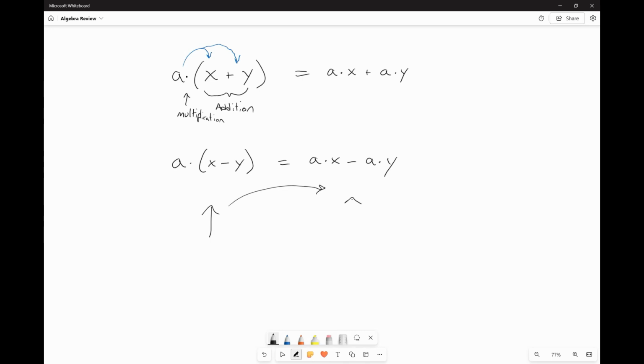Alternatively, sometimes we'll have something that looks like this, and we'll want to, quote, pull the a out. So it can go either way. Both can be very helpful sometimes when solving algebra problems, so keep your eyes out for this technique.